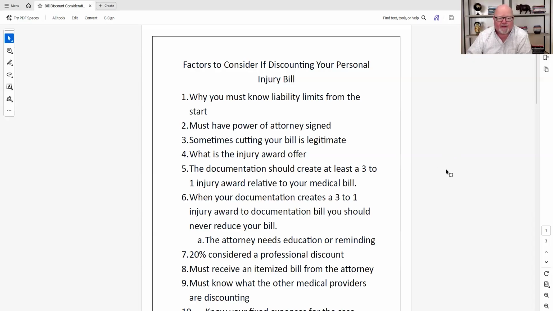Okay, number two: you must have the power of attorney signed. You've got to know what's going on and have access to everything. And what does that mean? It means you've got to have the limited power of attorney signed for that case, and it's your patient that signs it. Remember, the LOP, the protection, is for the attorney.